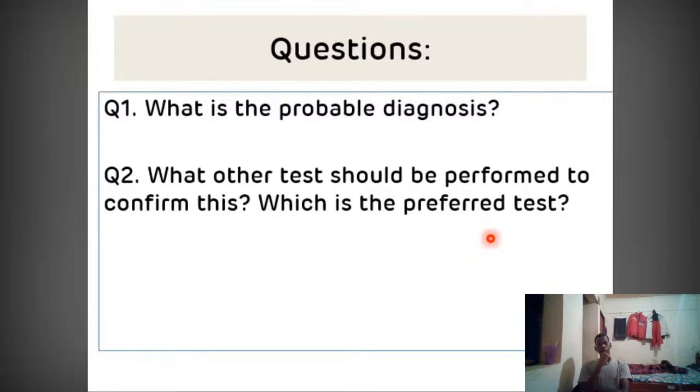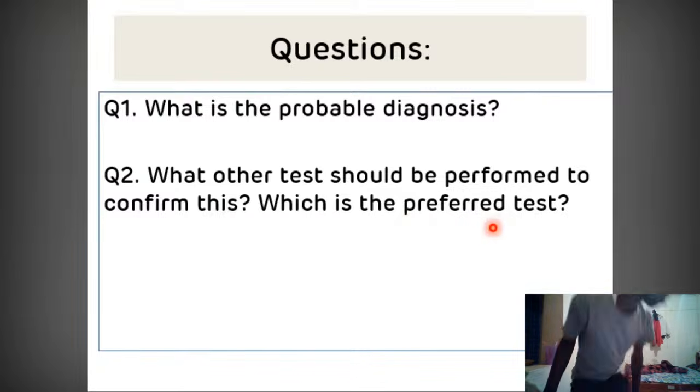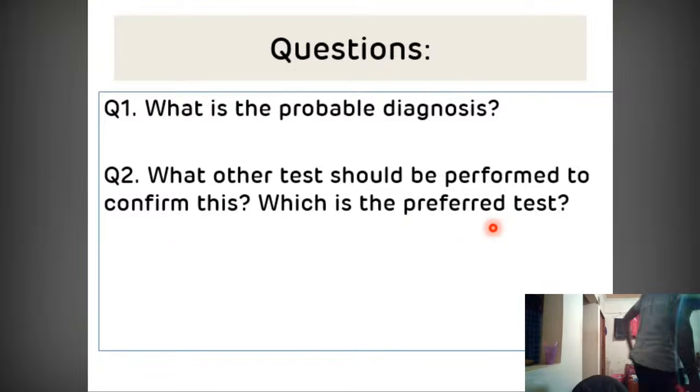Another test we can do is the HbA1c test, which is a more advanced test as compared to the OGTT for the diagnosis. The second question is, which is the preferred test? Among OGTT and HbA1c, nowadays HbA1c is the preferred test because HbA1c gives the average blood glucose value for more than 3 months.